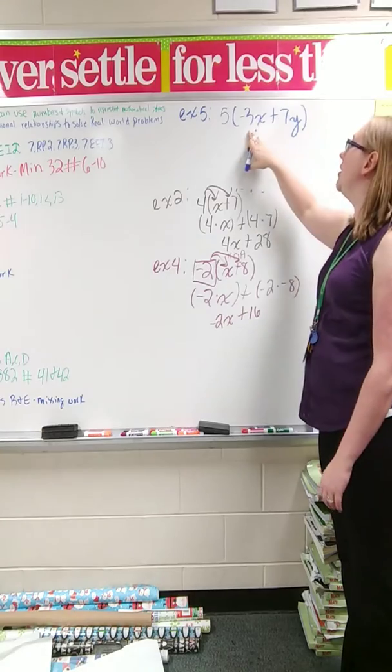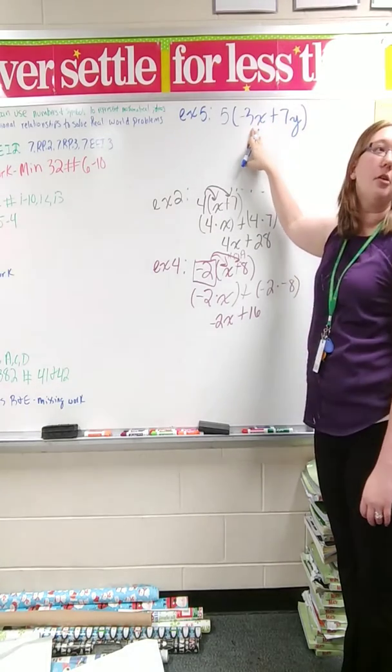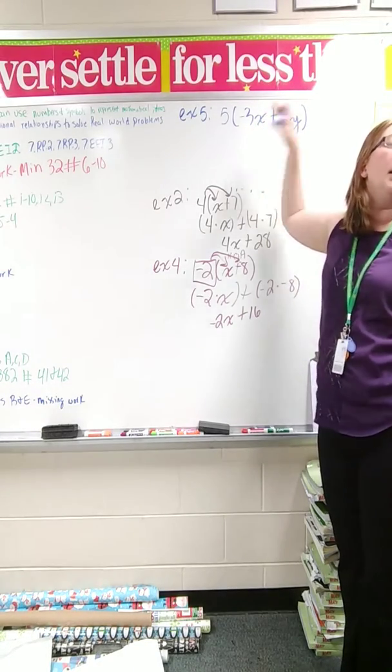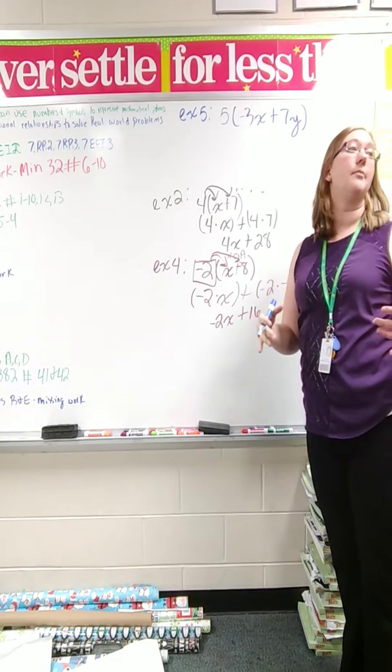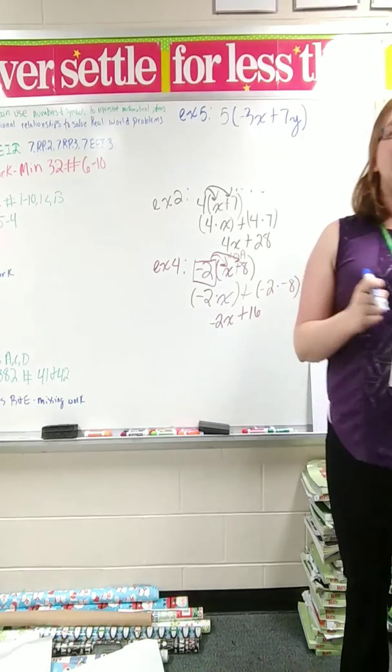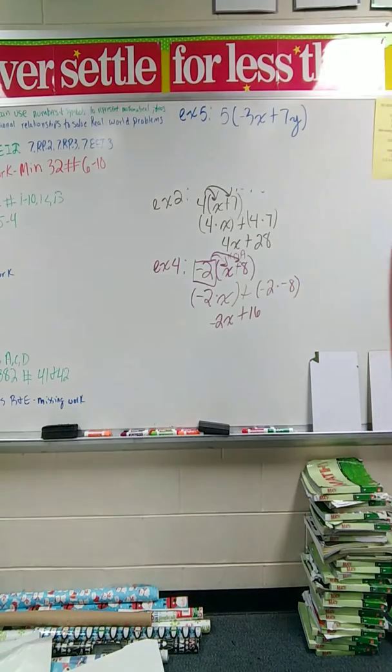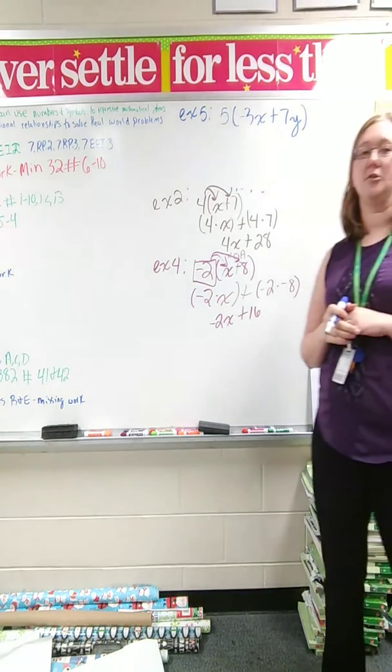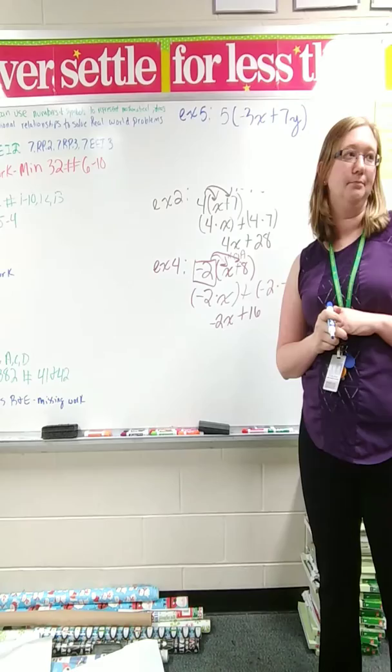Remember, when we have a number in front of a variable, that number is called a coefficient. We can work with coefficients. Our variables, though, are just along for the ride.